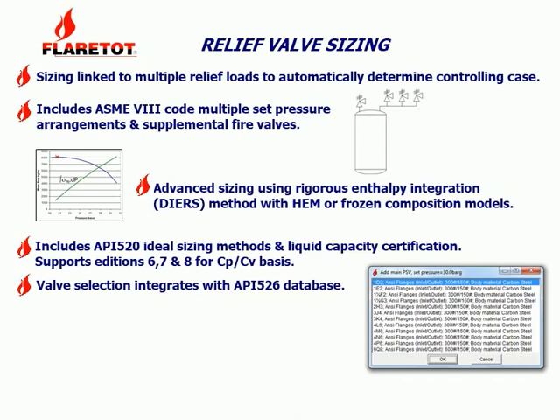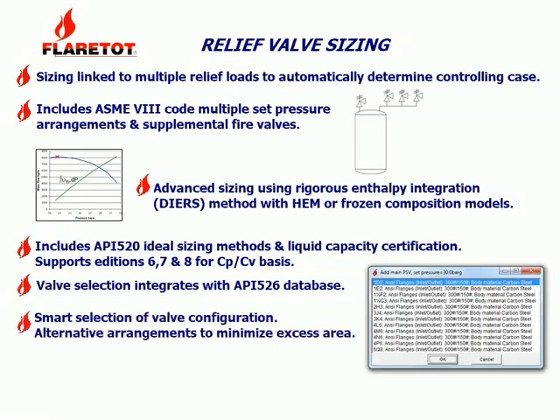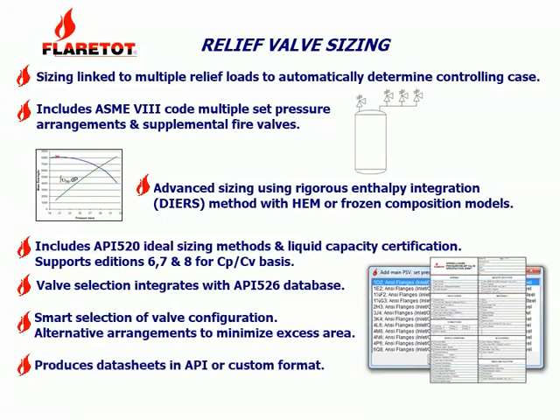This fully integrates with automatic and manual valve selection. The module uses smart automatic relief valve selection, which also offers alternative arrangements to minimize excess area. This is achieved by increasing the number of valves, or using mixed size valves. You can export data to an API or custom format datasheet.